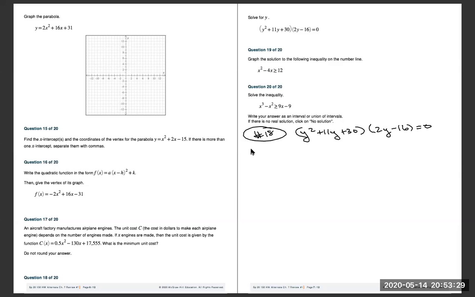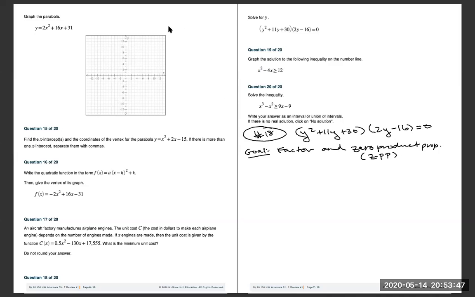This is going to be a factoring problem and use a zero product property. ZPP.